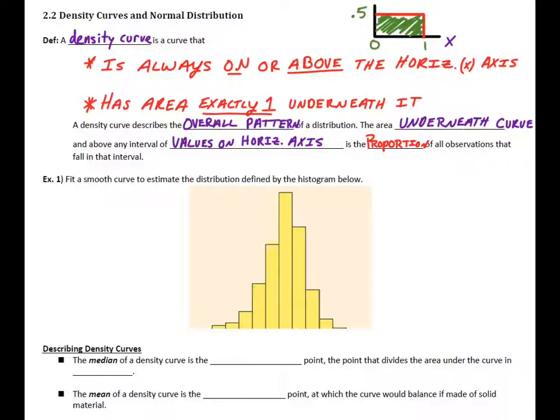Okay, so you can think about these density curves as just something you draw over a dot plot or a histogram. So we could have built this histogram off a bunch of dots, right? So whether it's a dot plot or a histogram, we're just going to try to fit a smooth curve over this that represents it. So go ahead and try to fit a smooth curve over this thing. So let's see what I come up with here. Fit a smooth curve that estimates this pretty well.